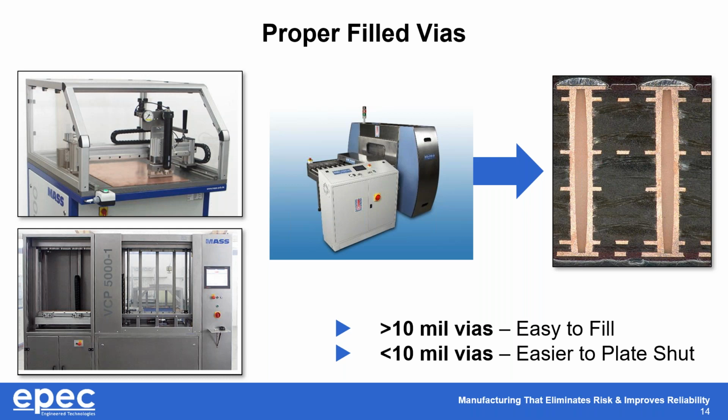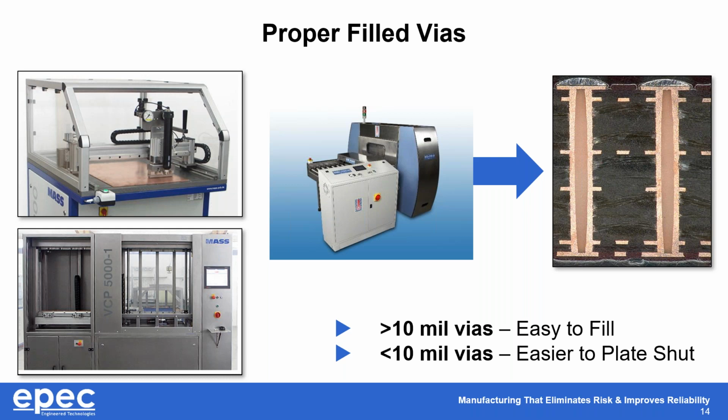6, it's really tough, just because of the physics of it, because the process is you drill the hole and then you plate it, right? Remember that if you're looking for 1 ounce of copper inside of your plated through hole, that's 1.4 mils on each side, right? So you're talking about almost 3 mils you're taking out of that hole.